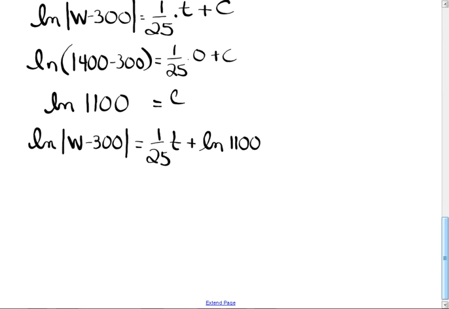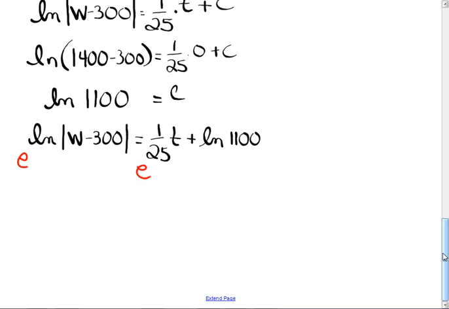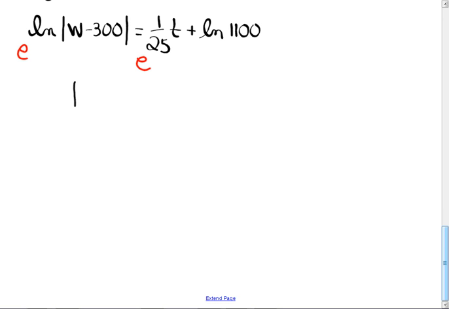What are we going to do with both sides? Not each piece, but both sides. E. So this e to the log of the absolute value of w minus 300 is what? The absolute value of w minus 300 equals e to the t over 25.